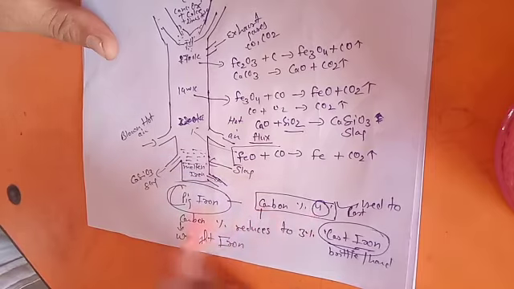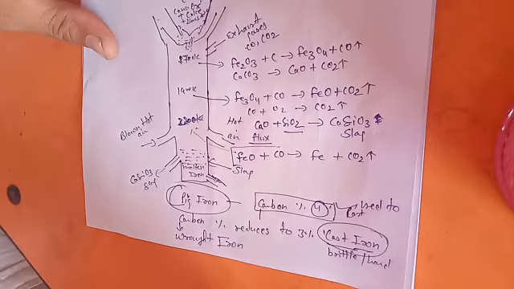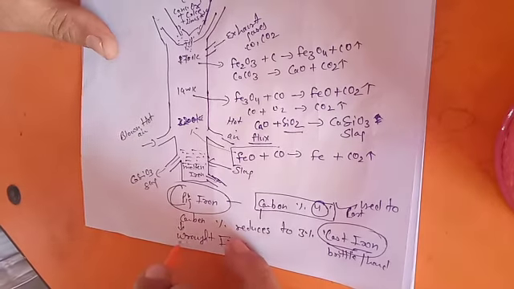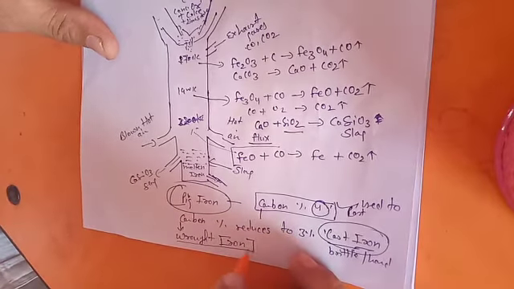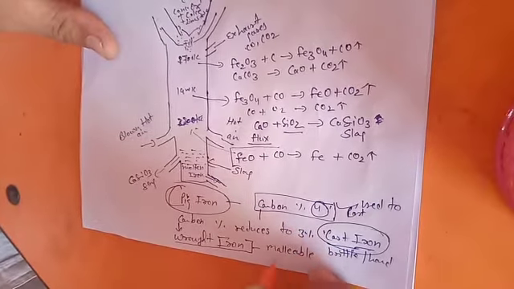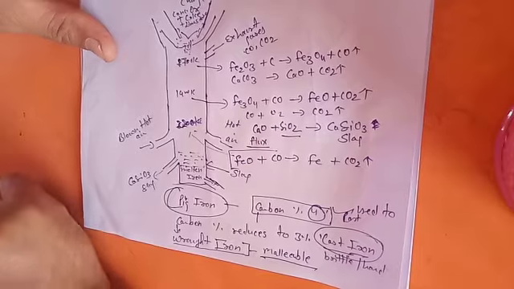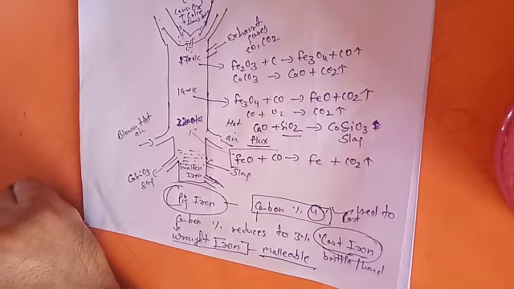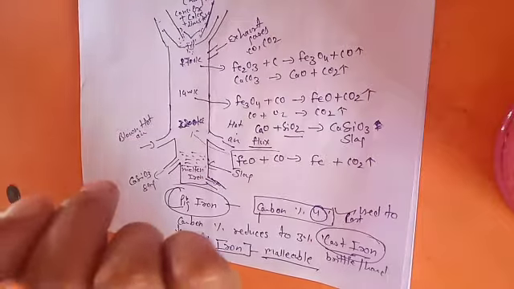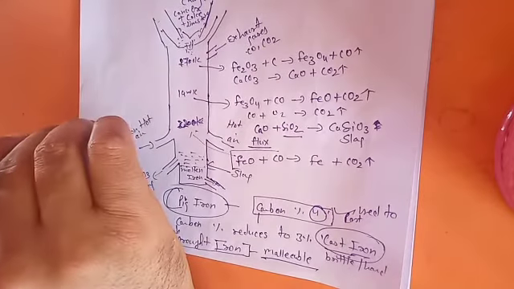If the carbon percentage is 3% it is cast iron, and if we reduce the carbon percentage a little bit more, that is known as wrought iron. It is quite malleable, very fine, and you can say wrought iron is the purest form of iron. So carbon is used here, that's the whole purpose.